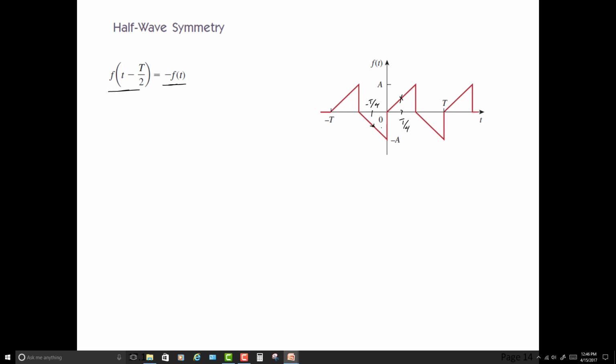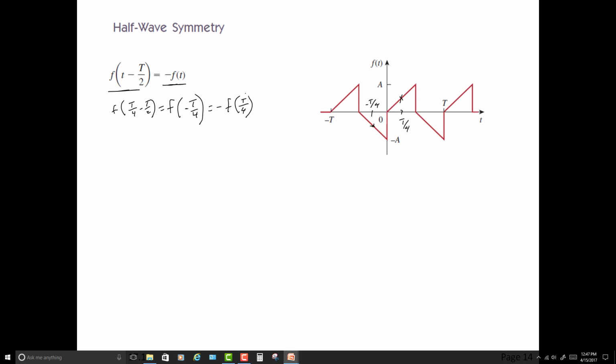Okay, so just a way of saying this, right? So you could, just as an example, let's go here. So our F, we plugged in what? T over 4 for our time, minus T over 2. So that was equal to F of minus T over 4. And that's equal to minus F of T over 4, right?